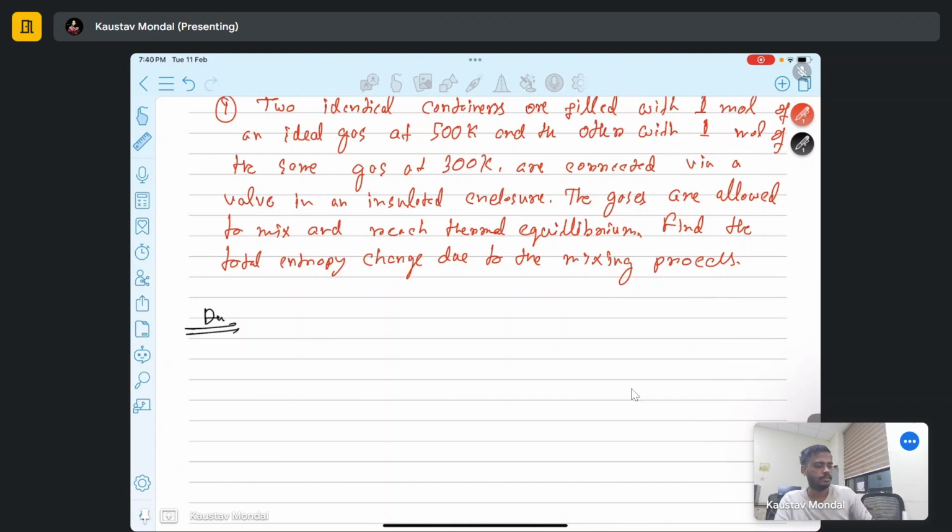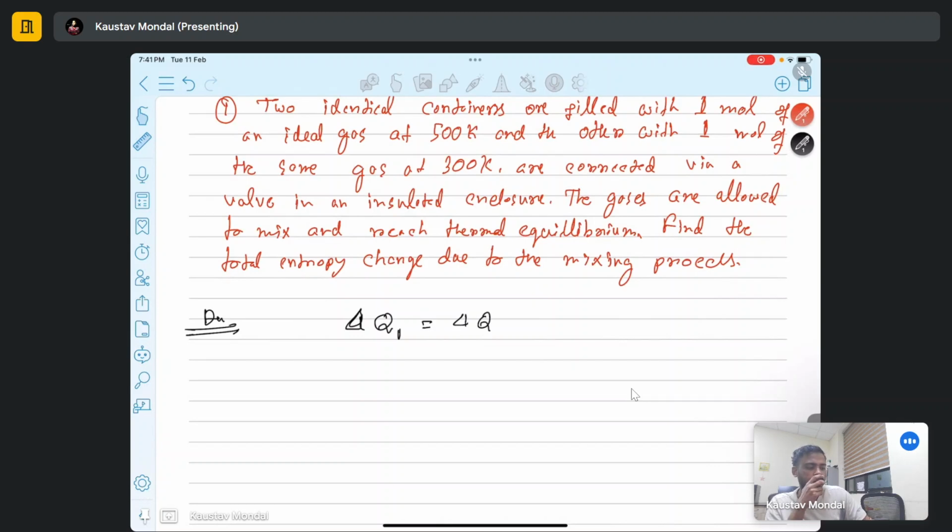The heat emitted by one gas will be absorbed by the other gas, so delta Q1 is emitted from one gas and absorbed by the other.